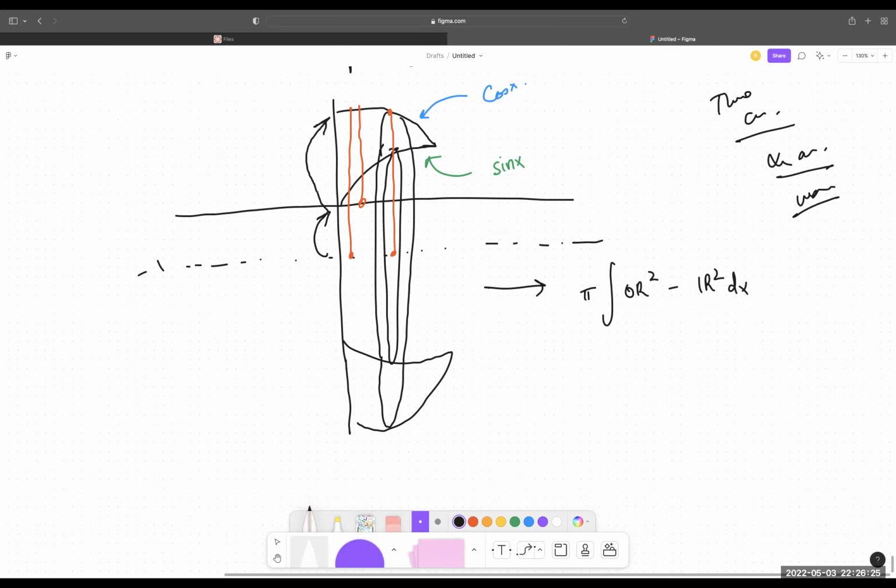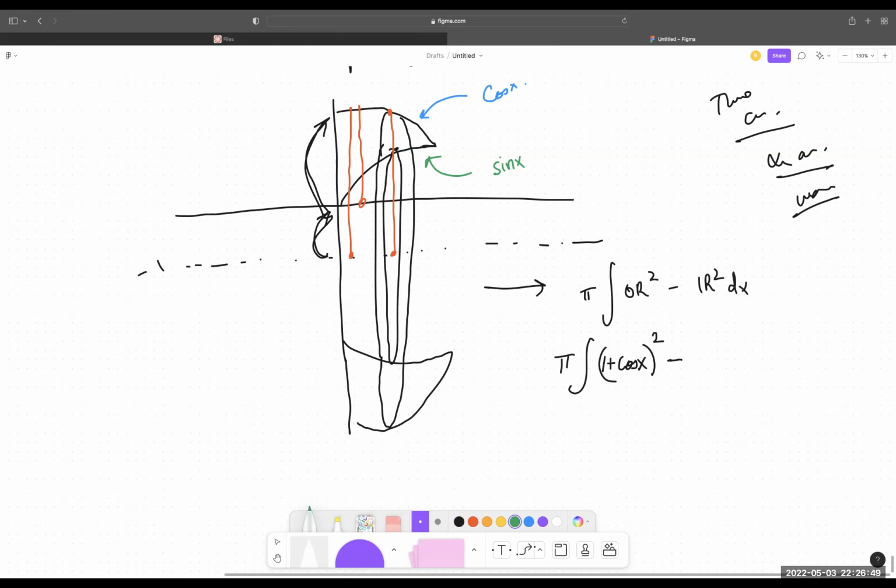So the outer radius is 1 plus cosine of x, squared, minus the inner radius. So what's the inner radius?